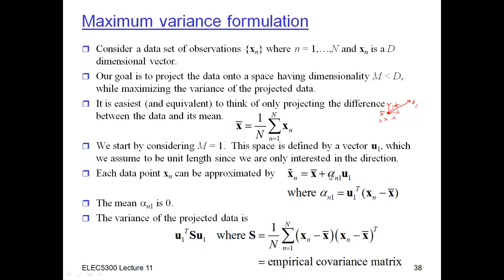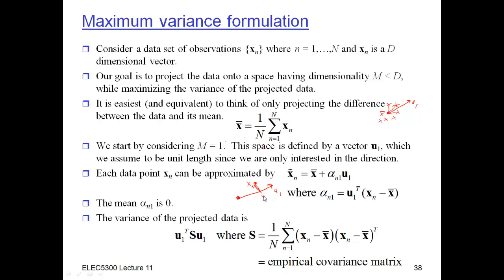Now, how far do I actually travel in that direction? Well, let's take a look at another situation where, let's say this is the mean. This is the direction u1. Here's my data point x, or x sub n. I'm going to project this one down onto this point here.